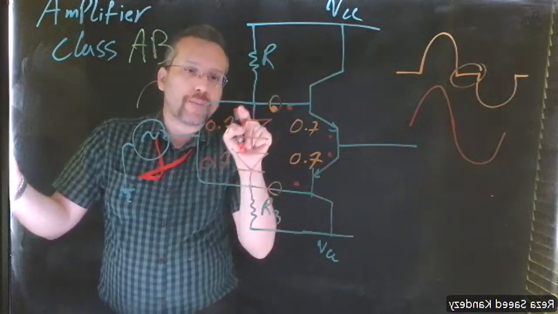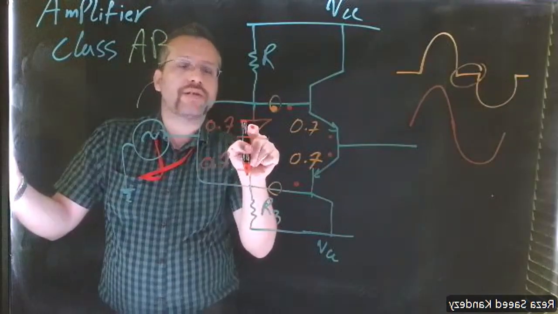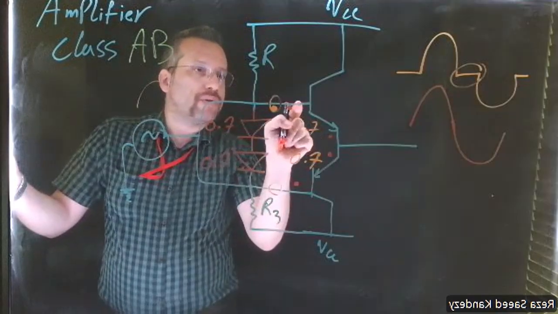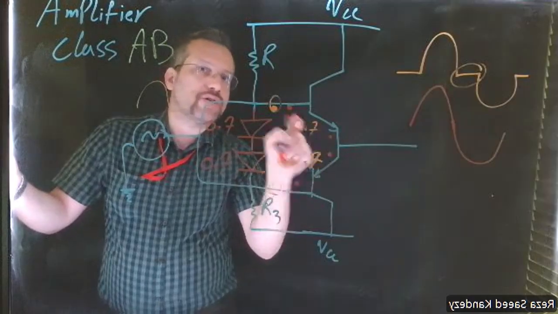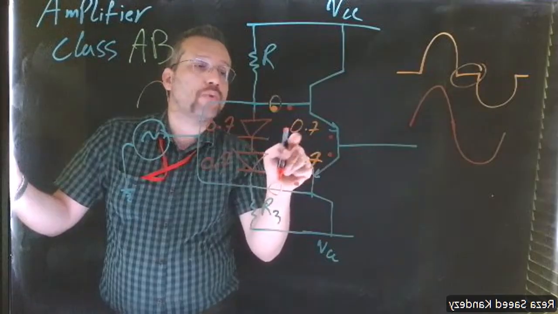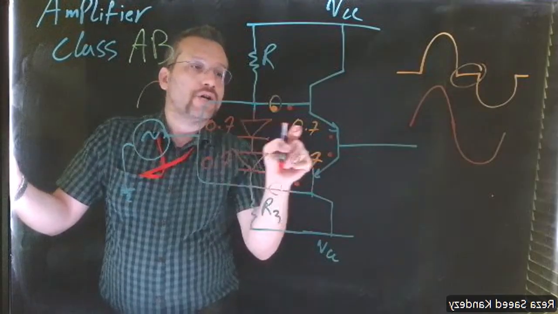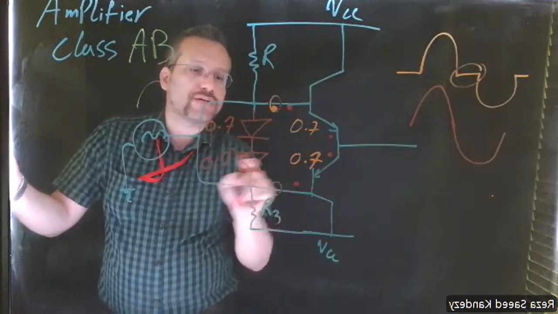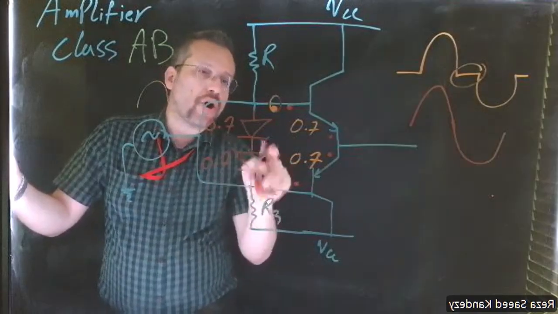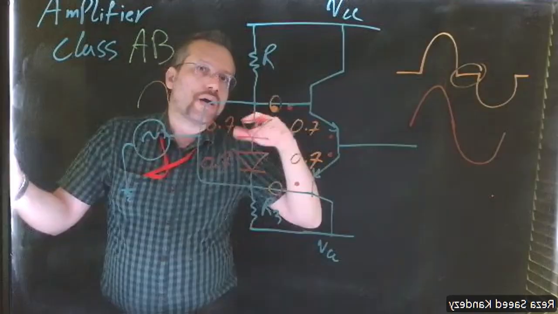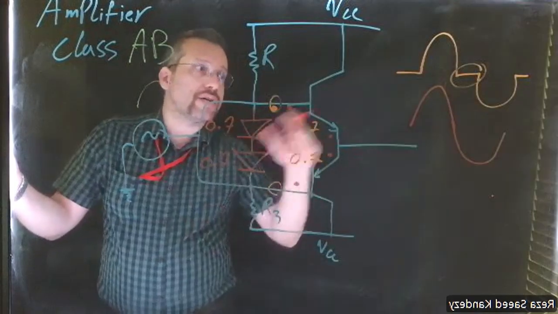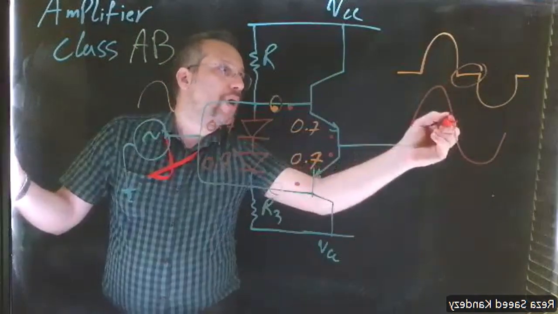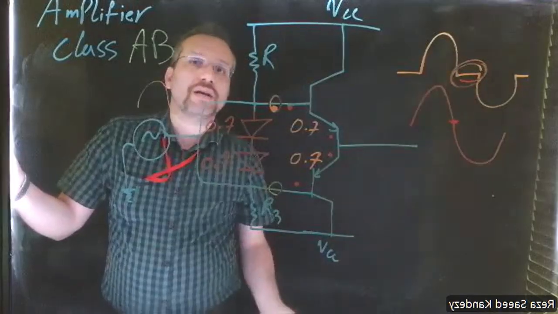We approximately say the voltage drop across the diode is 0.7, and the voltage between base and emitter in the active region is 0.7, but both are approximations. In reality, we don't have exactly 0.7 in each of these. So there is still going to be some distortion in our waveform, but much less than what we had in class B.